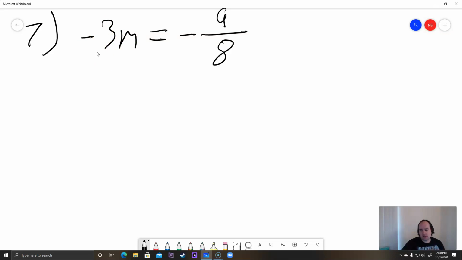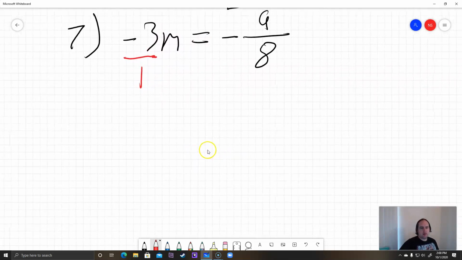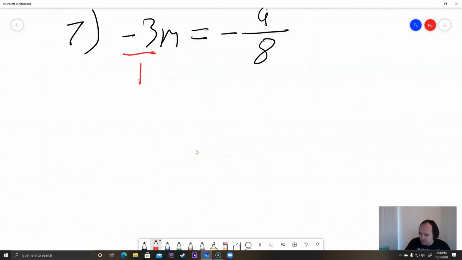Remember, if they don't write the denominator, it's automatically 1. So this negative 3m is actually the same as negative 3/1 times m. That's the main trick to this problem: remembering that if they don't write the denominator, it's automatically 1.